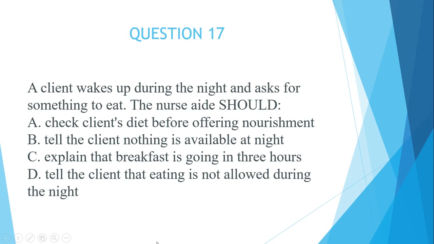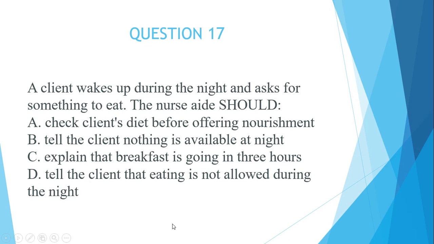You want to make sure you are giving that patient something to eat based on the what? Diet. If somebody is puree, or if somebody is mechanical soft, and you give that person regular food, it can cause trouble.